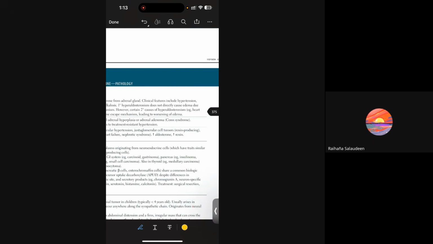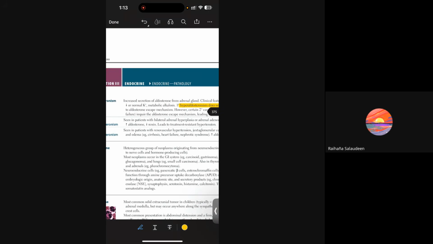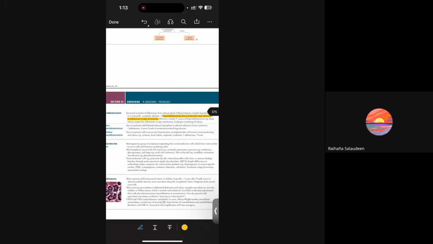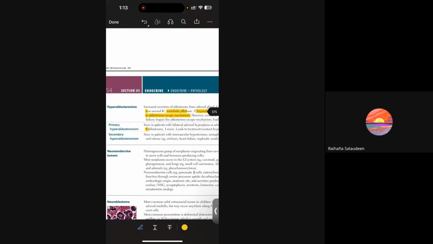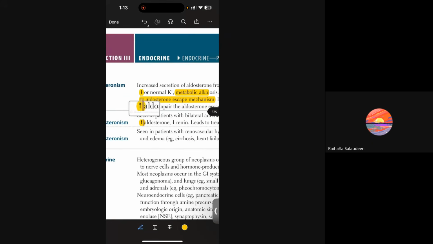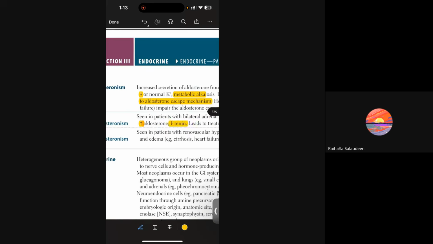Primary hyperaldosteronism does not cause edema, and our patient does not have edema. We are going to see decreased or normal potassium and metabolic alkalosis. In primary hyperaldosteronism, aldosterone is going to be high and renin is going to be low.